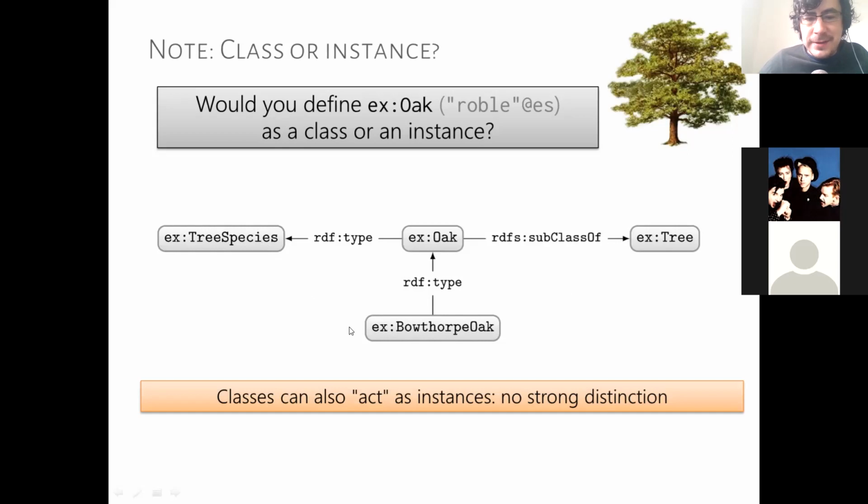Type is not transitive. However, if we have type and subclass, then we'll infer the type. Hopefully this makes sense as a good way to model something like oak, or species of animals and so forth. They can be instances and classes at the same time.